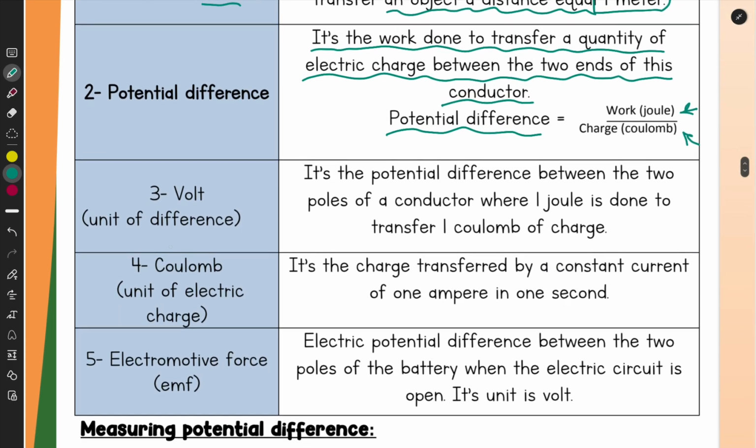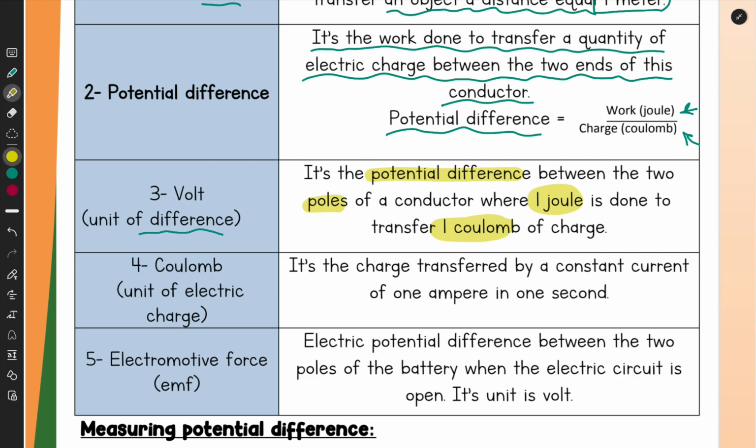Number 3, volt, unit of potential difference. If I want to define it, it is the potential difference between the two poles of a conductor where 1 joule of work is done to transfer 1 coulomb of charge.